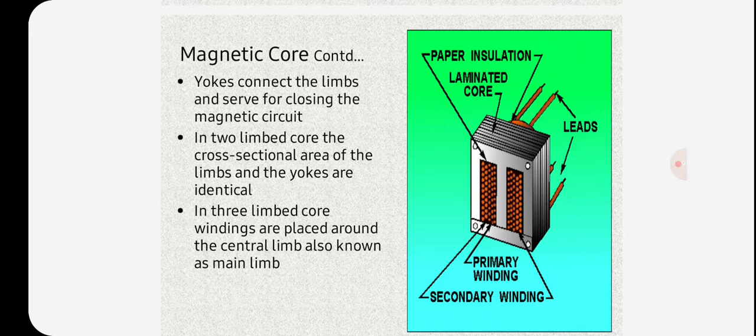Hence, circular coils are usually preferred. For this purpose, square cores may be used. Obviously, a considerable amount of useful space is wasted.